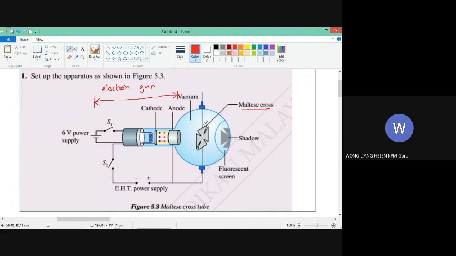But the object itself is just a piece of metal that is cut out with the shape of a Maltese cross. That's all.